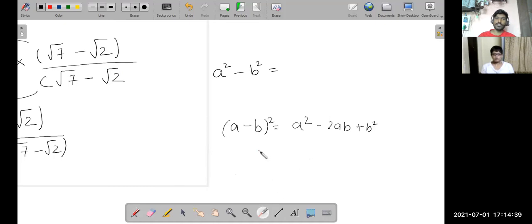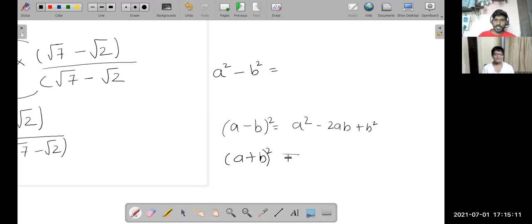I want to know the formula of a square minus b square. Or is it a square minus b square plus 2ab? That is the formula of a plus b the whole square.